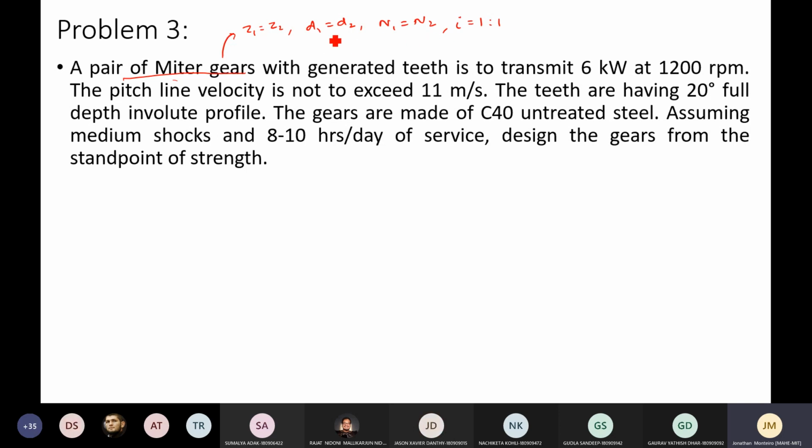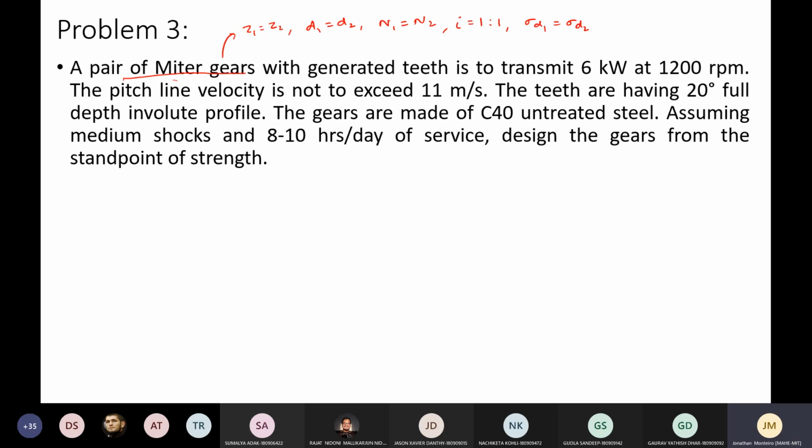They are identical in all respects, even material-wise, sigma D1 is equal to sigma D2. Only when all things are equal do we call them miter gears. So it does not matter here which one you are designing for, correct?